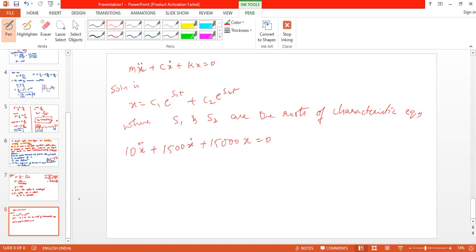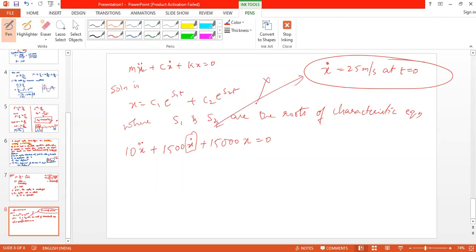The velocity given, 25 meter per second, is x dot at t equal to 0. That is the initial condition, not the value of x dot here. These two are not the same. So if I take 10 outside, it becomes x double dot plus 150 x dot plus 1500 x equal to 0.